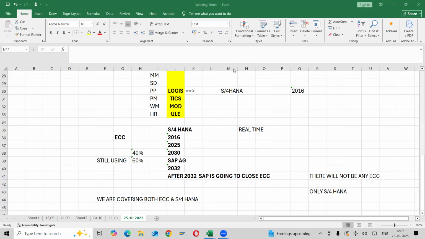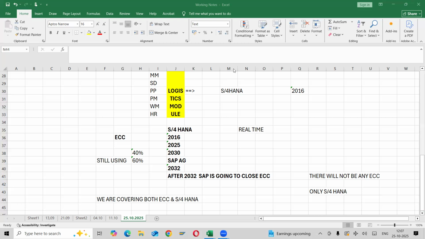Before 2013 or 2015, those using SAP were using a traditional third-party database, depending on other parties like Oracle or Sybase. After 2013 or 2015, SAP started using its own database.